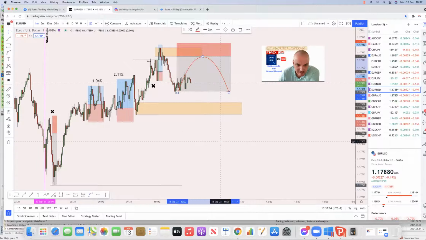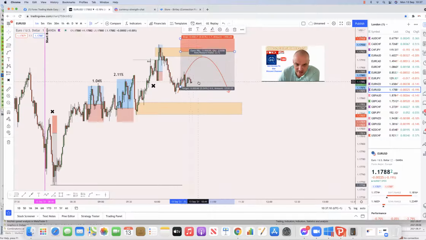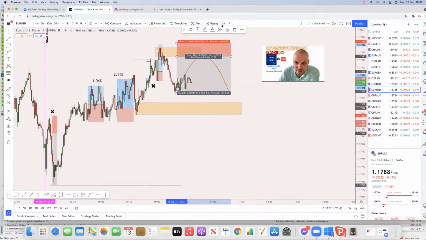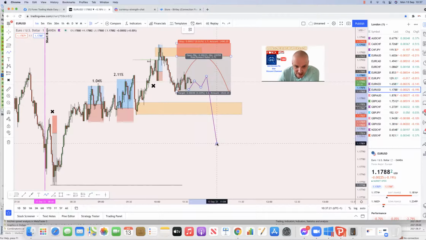We're looking for that. And again, it'll be the same preference if price did a little bit of this, and then broke that structure and created a new lower point.